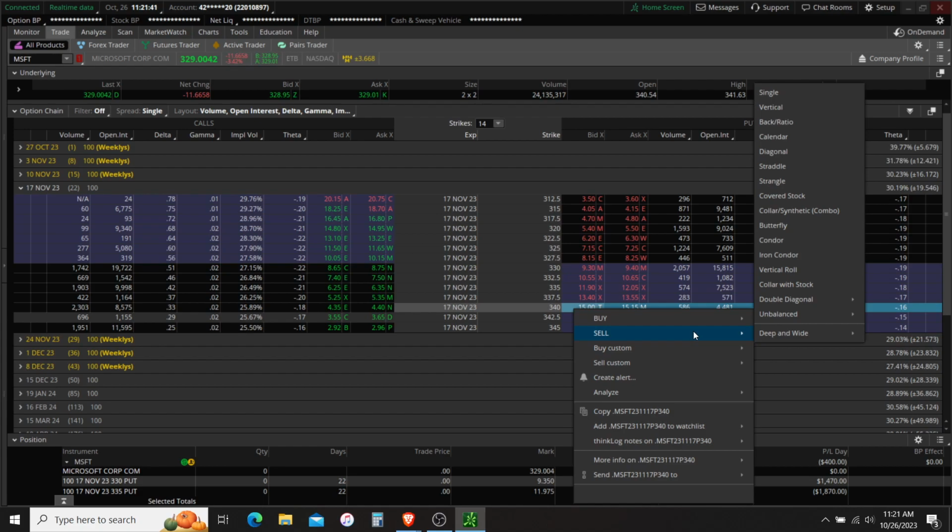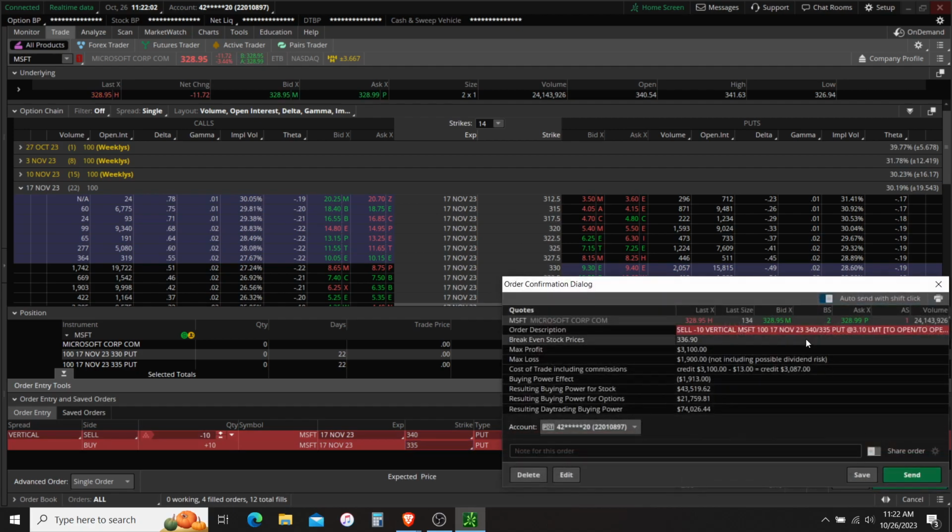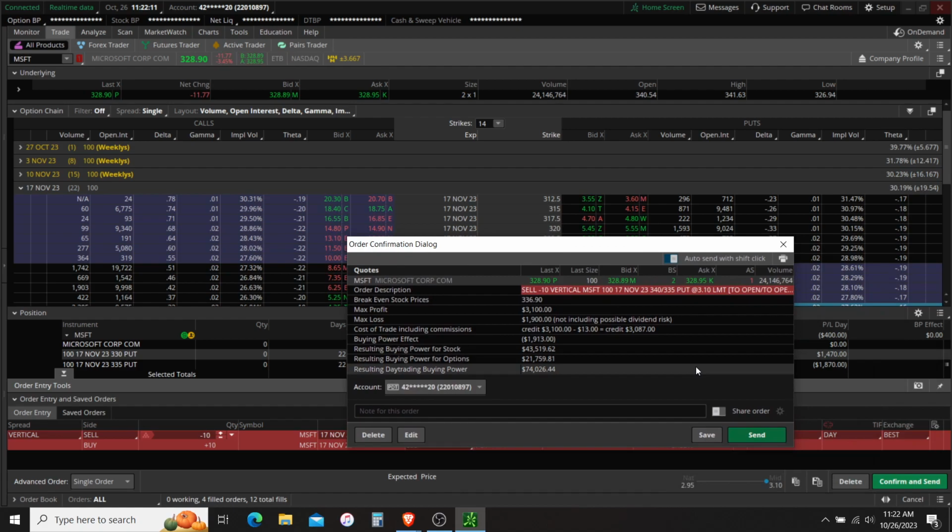We think they have good prospects and that they're going to go up to 340 before the 17th. Let's change this back to the $5 spread. Now we're getting $307 per contract. If we look at the details, we're getting even more. Our potential max gain is 3,100, and the max loss is 1,900, because we're now so much further in the money.